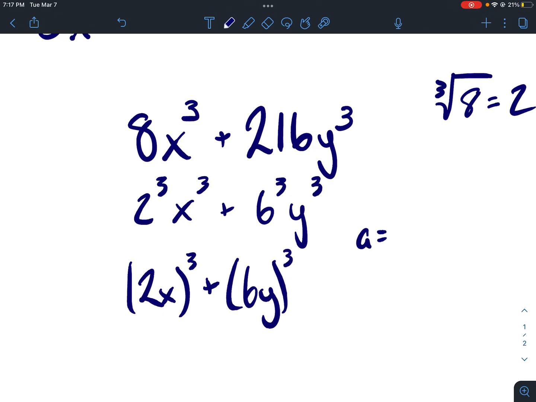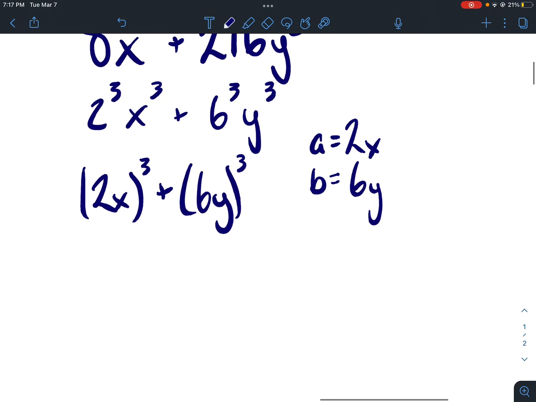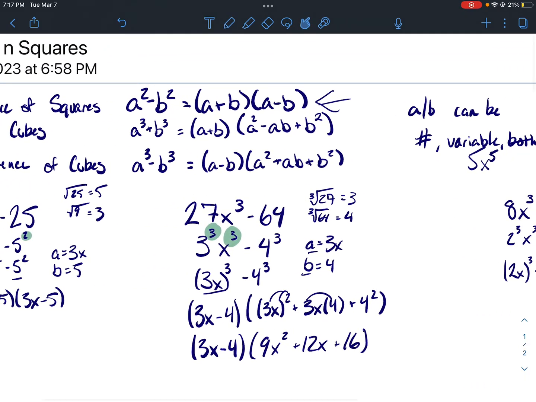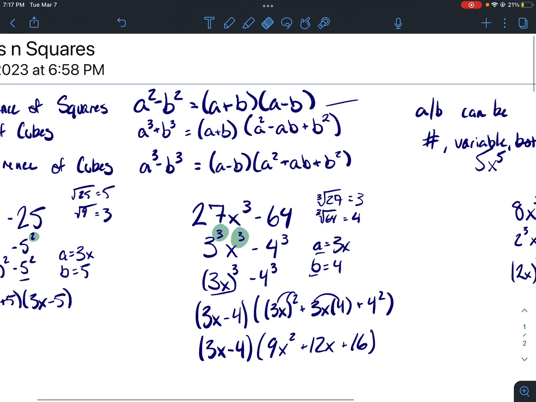Now I have my a and I have my b. So my a is 2x. My b is 6y. And I'm going to plug it into the second formula, the sum of cubes, and note that the subtraction sign is right there.